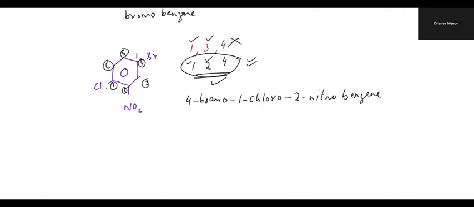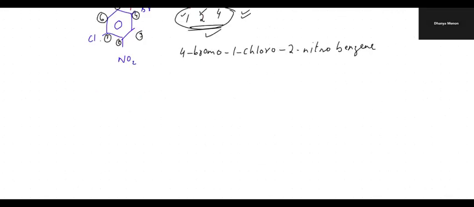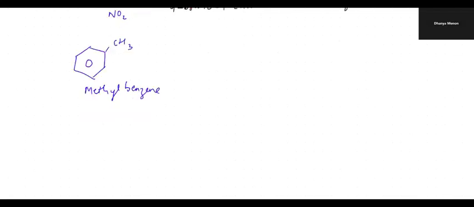Moving on to the next compound. Suppose I have a compound like this with CH3. This is nothing but methylbenzene, and the common name which you would see in the textbook is toluene.